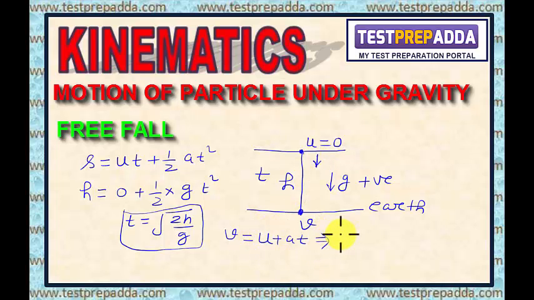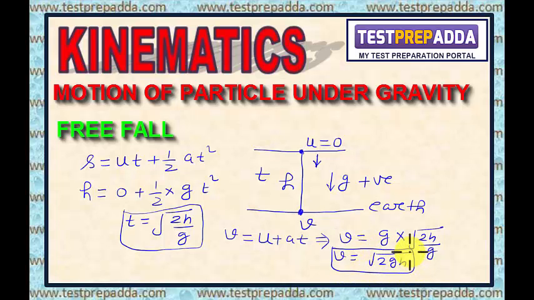So I can get this v as g into root 2h by g, and this way v comes as root 2gh. So here we have got the time taken by the object to reach the surface of the earth in this free fall. Second, when it reaches the surface of the earth, then its velocity will be written as root 2gh.